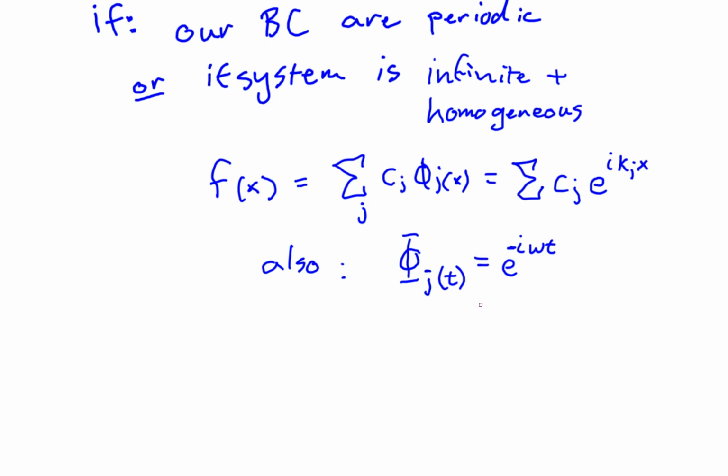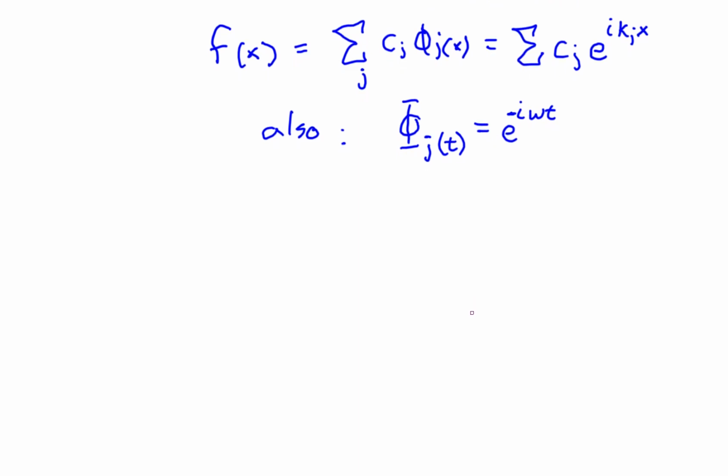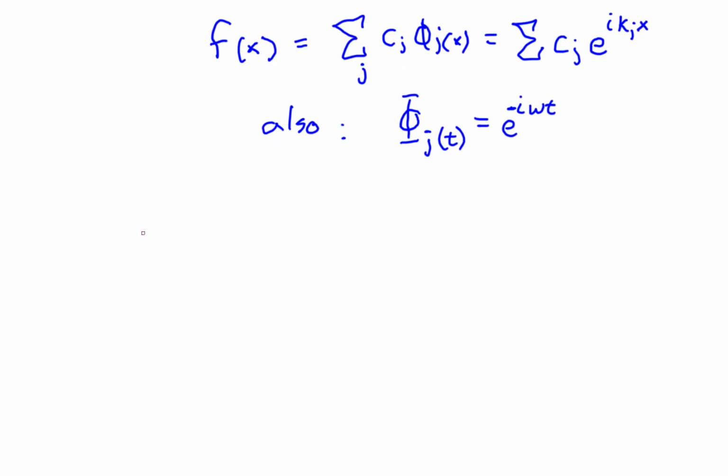All right. So a powerful concept is that if we have a system where we can represent our function in terms of Fourier polynomials in space and time, then we can consider the Fourier transform of f.